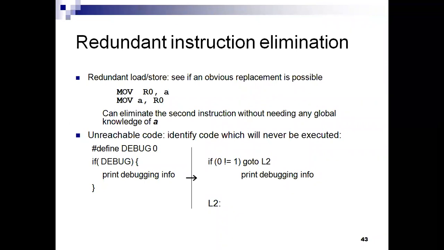So here we are eliminating the redundant loads and stores, and also eliminating the unreachable instructions. By doing this, finally we improve the code, right?